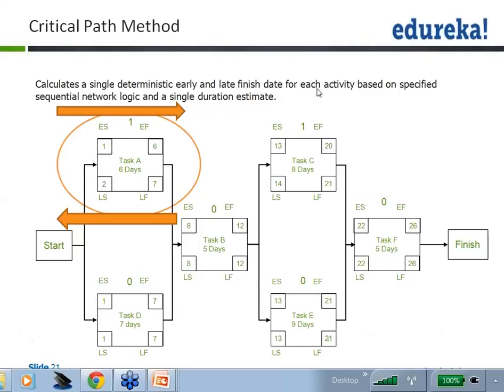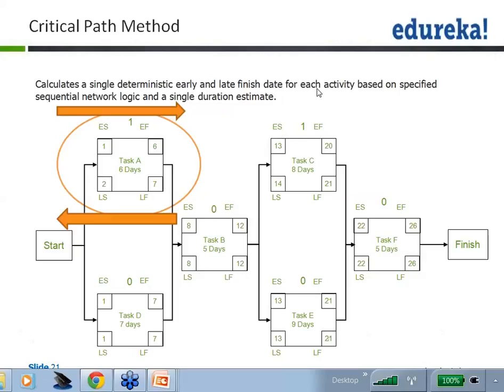Remember, with the help of this diagram, we need to look at the scheduling, we need to look at the delays, what can be introduced if there is a need, and we need to also find out which is the critical path.